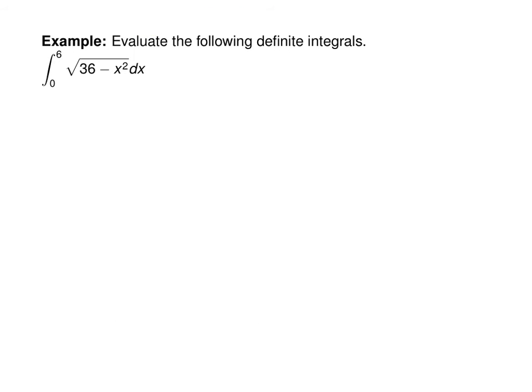Now, so far you do not know a technique to figure out this particular area under this curve, but you should be able to recognize that 36 minus x squared square rooted actually is a semicircle. And here's why. We know that x squared plus y squared equals 36 is a circle centered at the origin of radius 6.